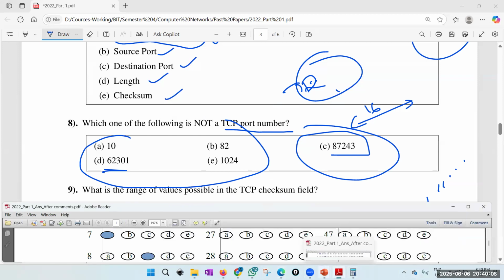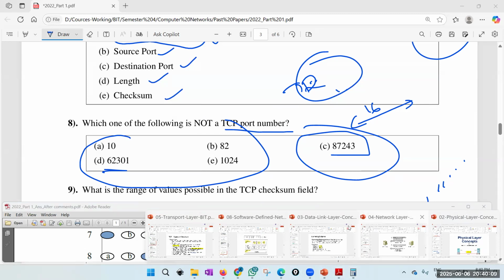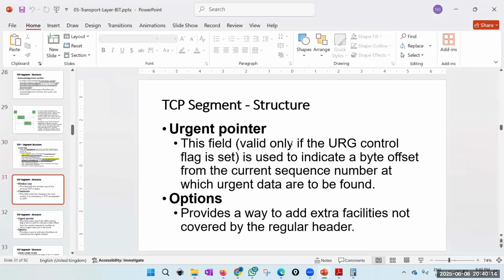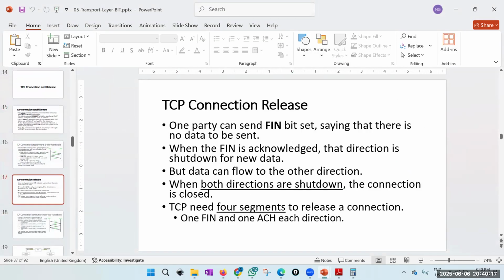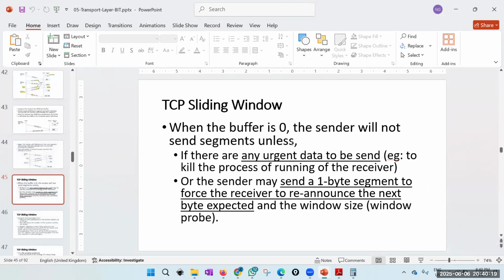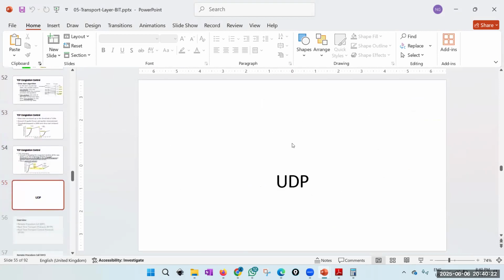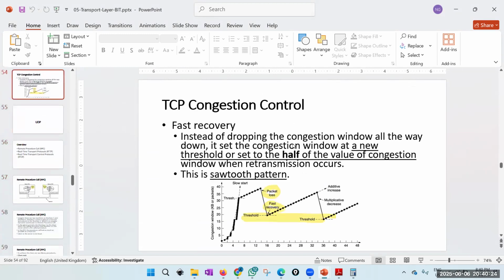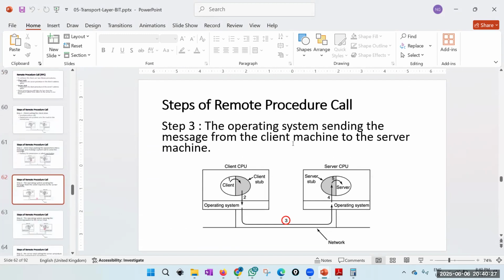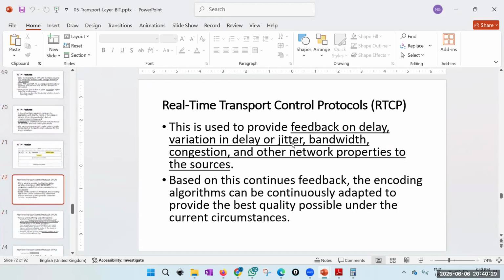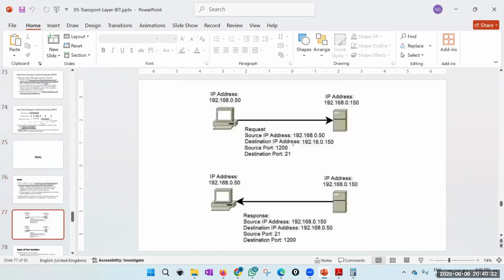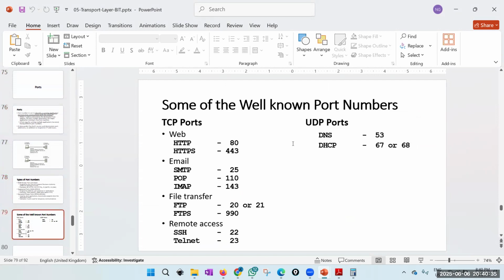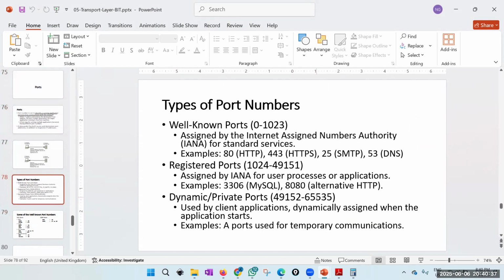Okay, so let's open our transport layer notes. You can see 65,536 is the biggest, so the largest port is 65,535.